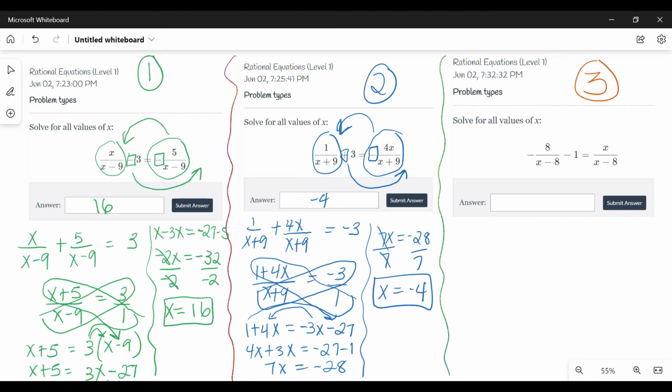Alright, the last example, number 3. Again, collecting our rational terms to one side of the equation. It was positive over here, so when it comes over, it becomes negative. And this 1 right here, I'm bringing to the right hand side, so when it comes over, it's going to change to a positive.